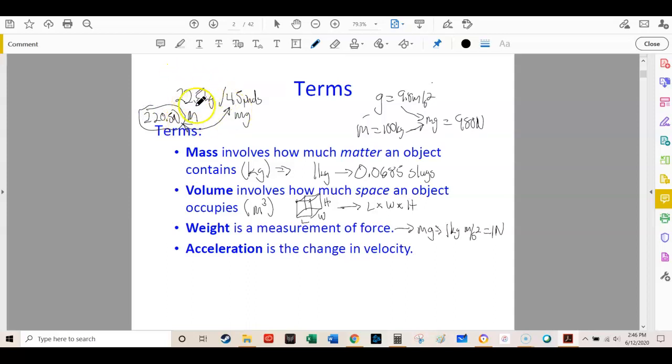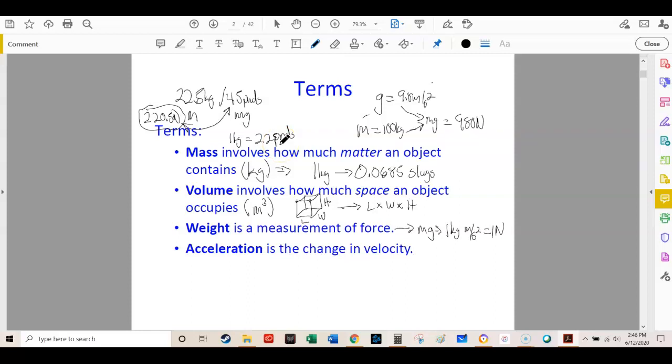I'm not sure why that is the case, but roughly 220.5 newtons is 45 pounds. So pounds is a measurement of weight, okay? And if we are going to make that relationship, roughly 1 kilogram is equal to 2.2 pounds, or lbs, another way to write pounds.